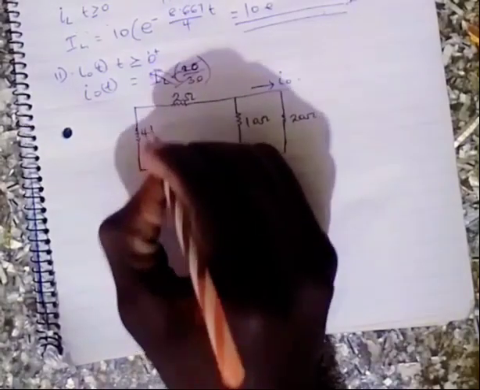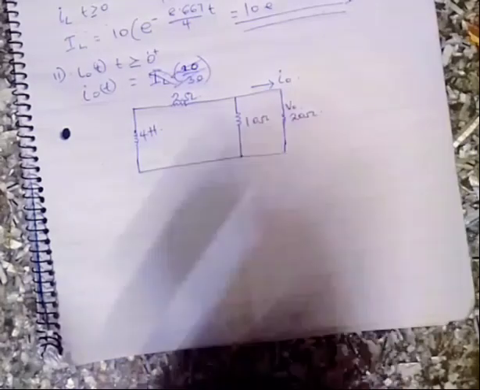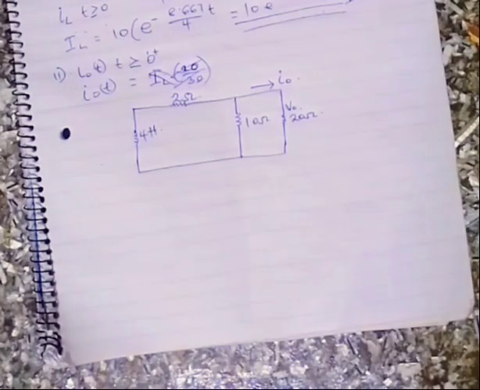We have the 4 henrys at that particular point, then v0 at that point across the 20 ohm resistor.